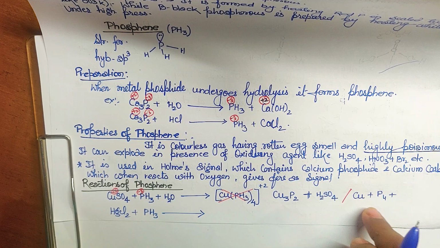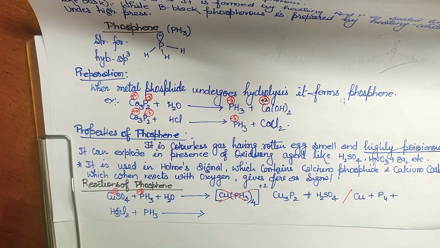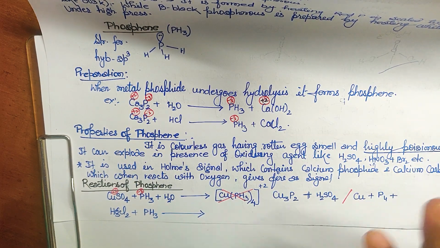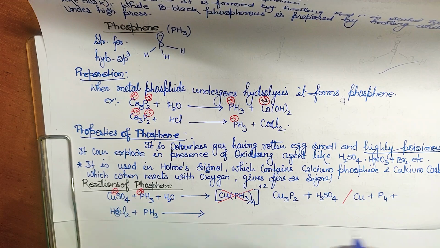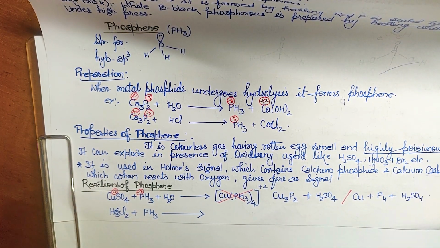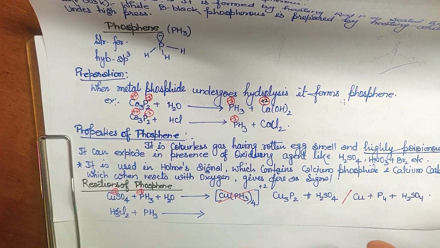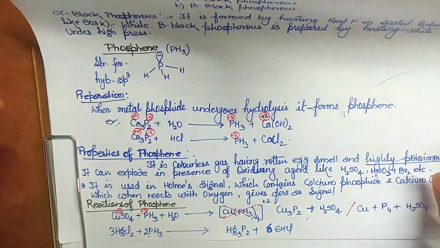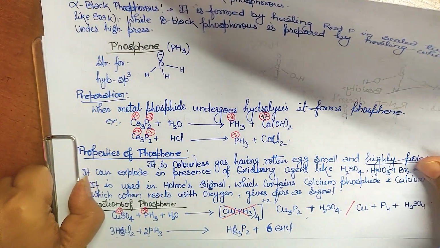Oxidation and reduction are already done, so there should not be any further oxidation or reduction. So this H2 will combine and form H2SO4 as it is. It will remain. You can see this somewhere as well, but if you write the earlier one, there is no problem at all. Got it? Then after this we will do some questions.